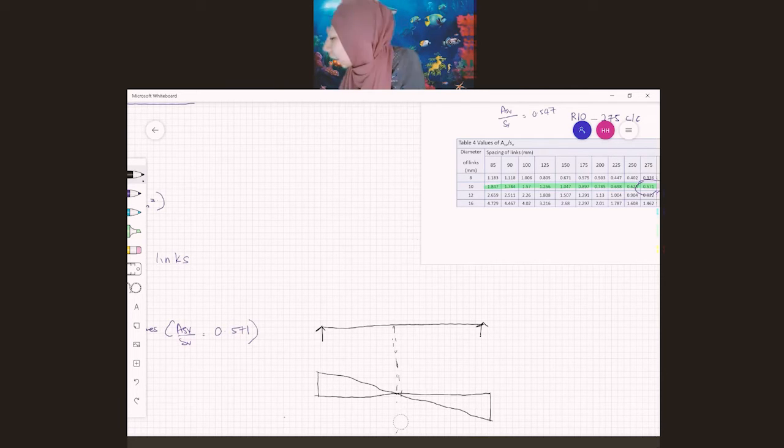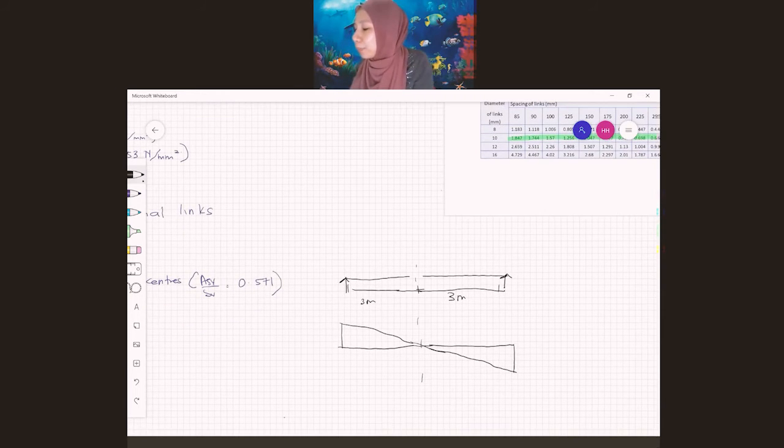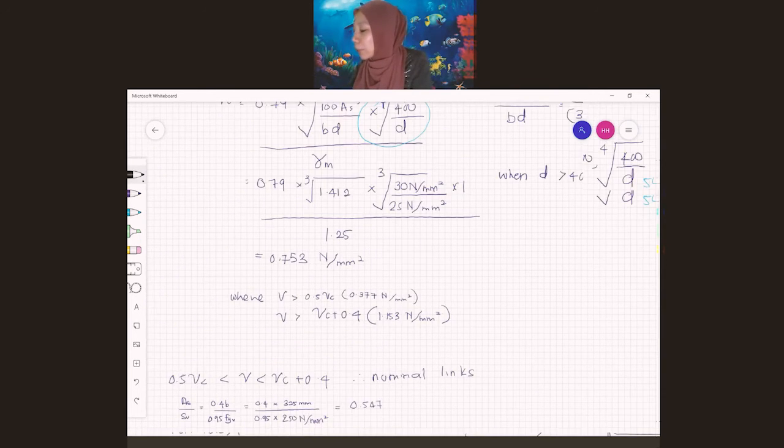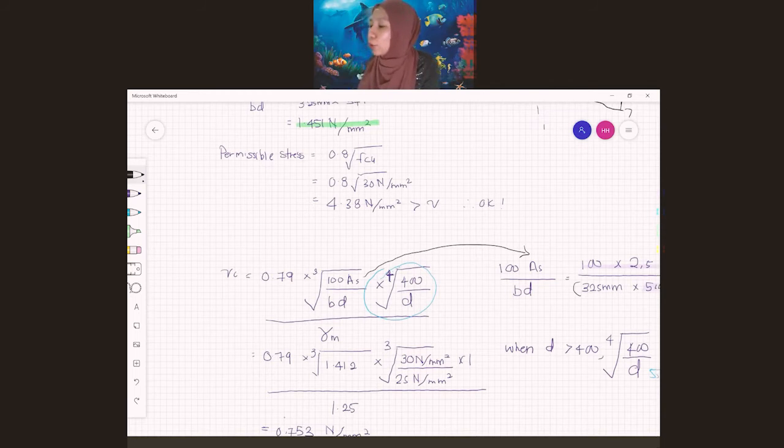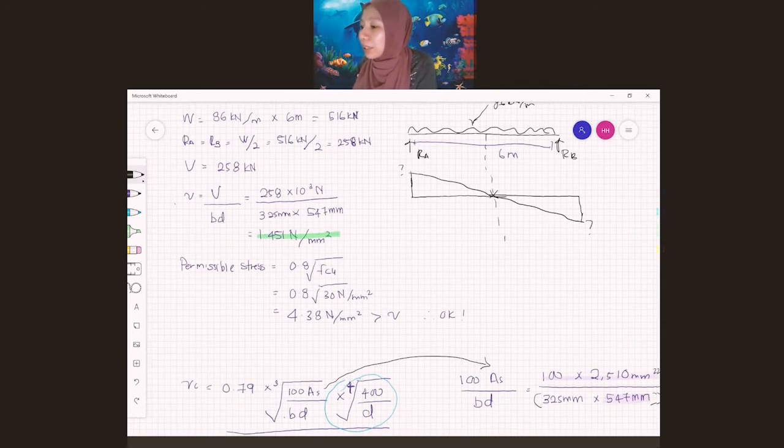Okay, so here we have dia kat tengah ni lah. Okay, never mind. So we know that this is 3 meter, this is another 3 meter sampai tengah. And then we know that, berapa value V? So value V kita dah tahu. Dekat tempat yang paling hujung, we know that the shear stress adalah 1.451.